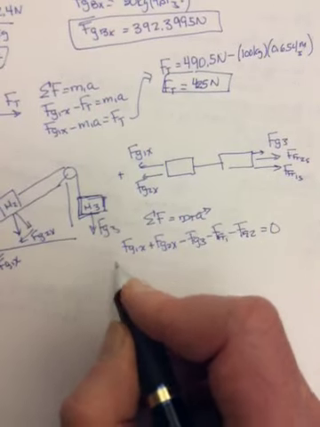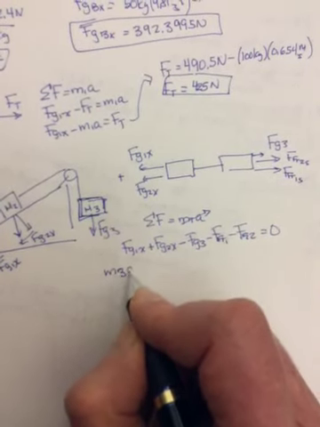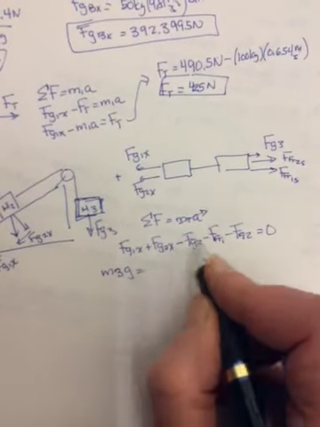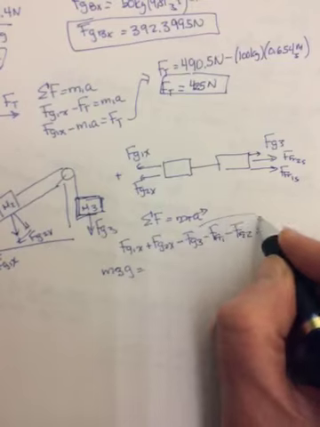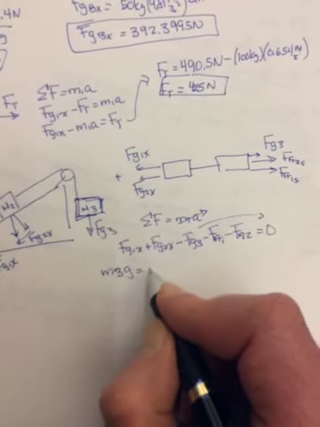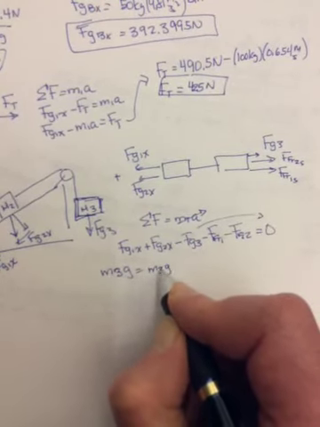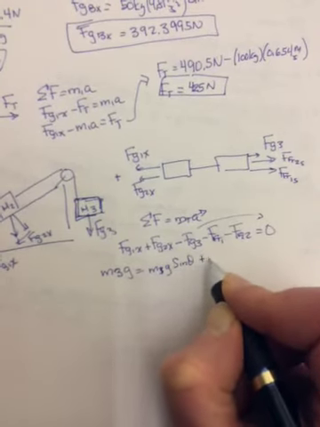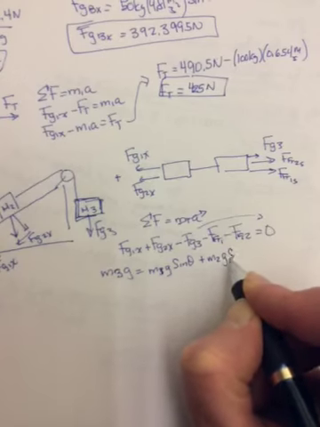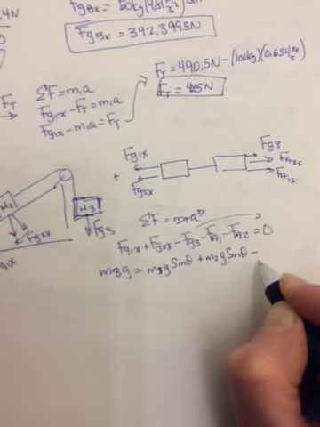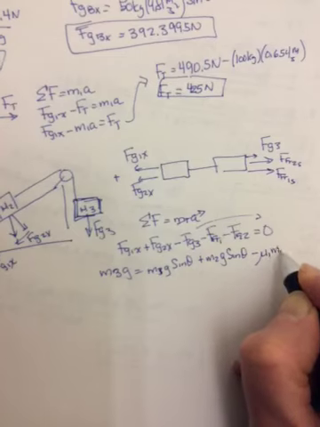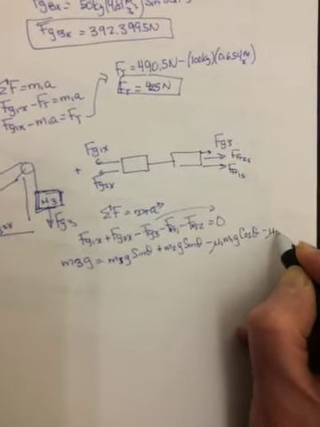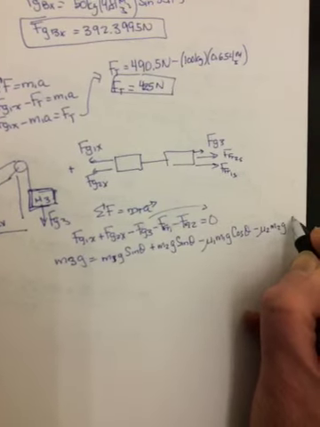And we're looking for FG3, so this is M3G, and we're going to take everything else over. So it'll be, oh wait, I take that back. Take this one over and make it positive, and leave all these here. So it'll be M1G sine theta plus M2G sine theta minus mu1 M1G cos theta minus mu2 M2G cos theta.